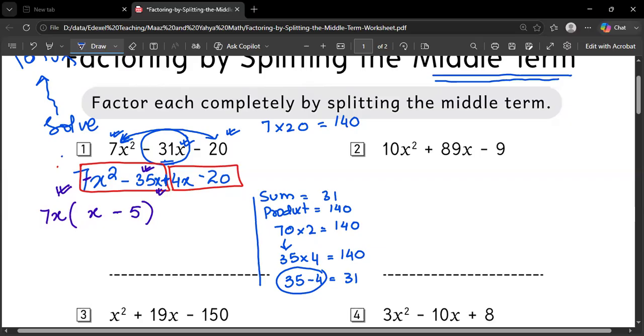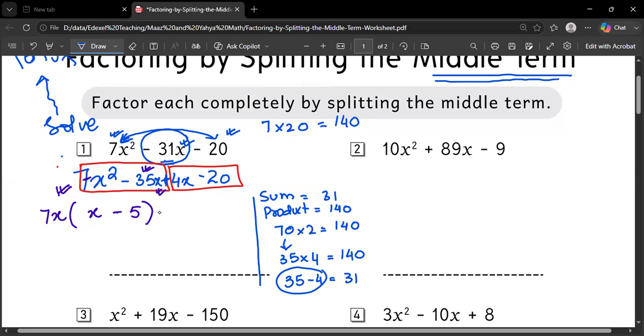Only x is common? 20 does not have x, so it's not common. So then it will only be 4, because you can multiply 4 all the way to 20.